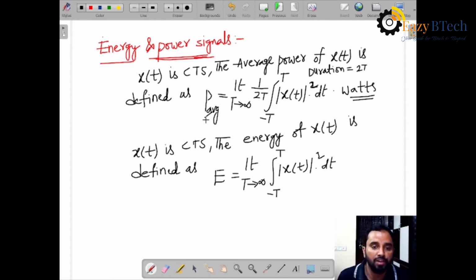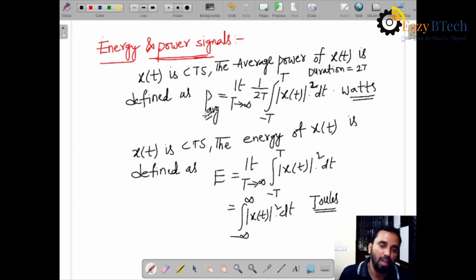Then we get average power by dividing by 2T. Or you can write it in this manner: limit T tends to infinity, minus infinity to plus infinity, mod x of t whole square dt. Both are the same. Generally the unit of energy is joules.